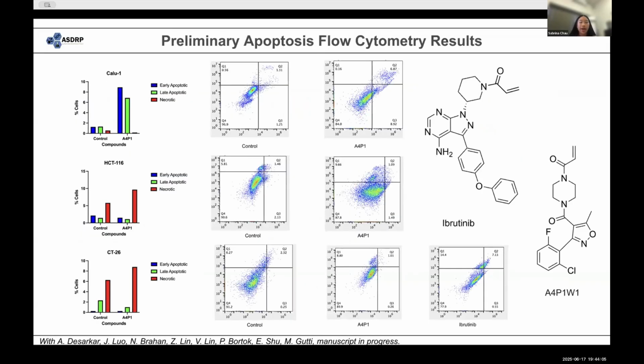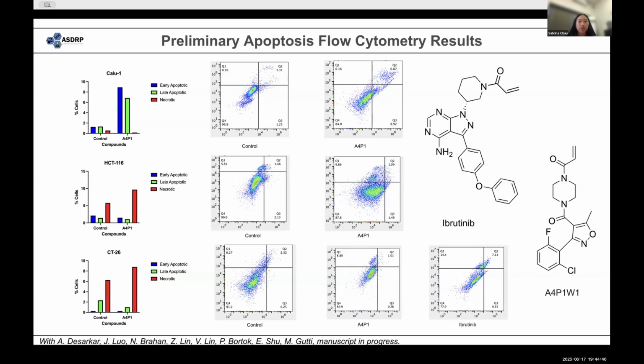Next, we did the apoptosis assay because we wanted to better understand the mechanism by which our compounds were acting. So we used the flow cytometer and stained our cells with propidium iodide and annexin V. The flow cytometer detects signals and tells us what percentage of our cells remain viable, and which percent of them undergo early apoptosis, late apoptosis, and necrosis.